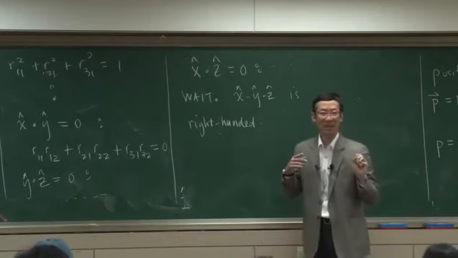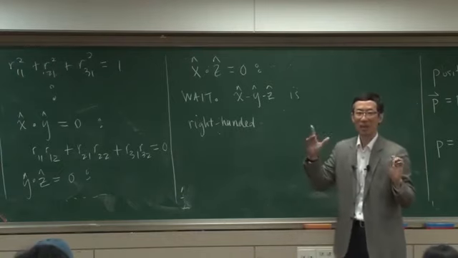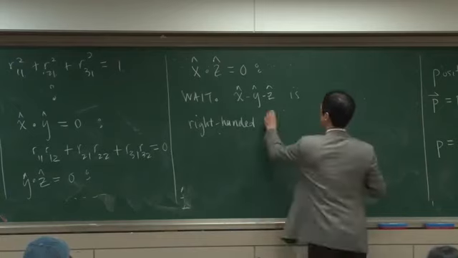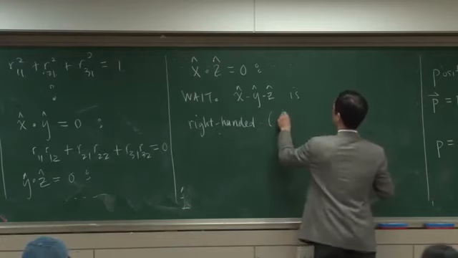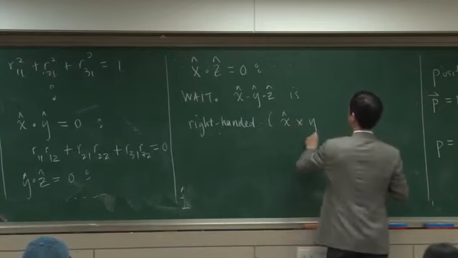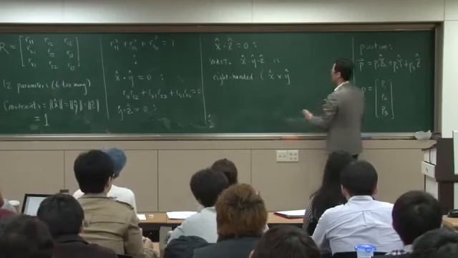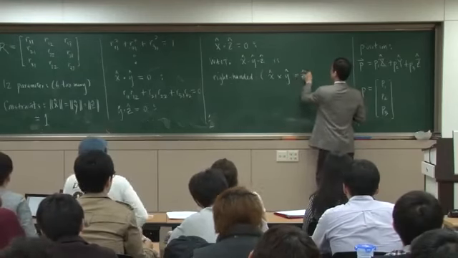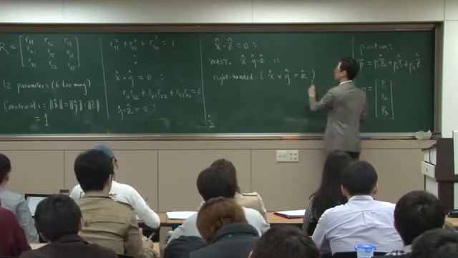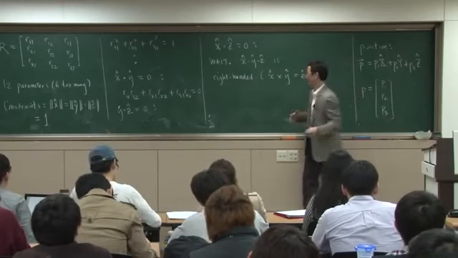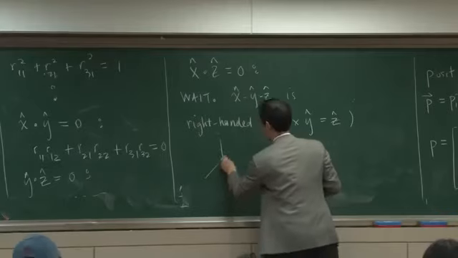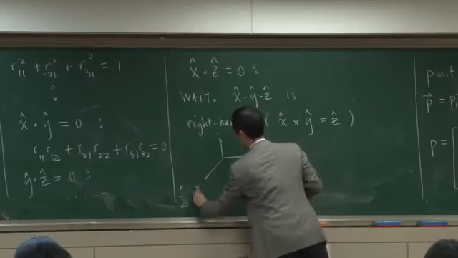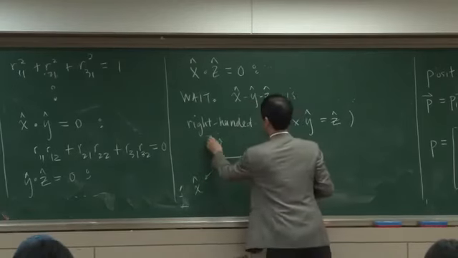Speaking as a left-hander, a right-handed frame here implies that if I take the cross product of x hat and y hat, this is going to be z hat. So now, what's a left-handed frame? Here's x, y, z.